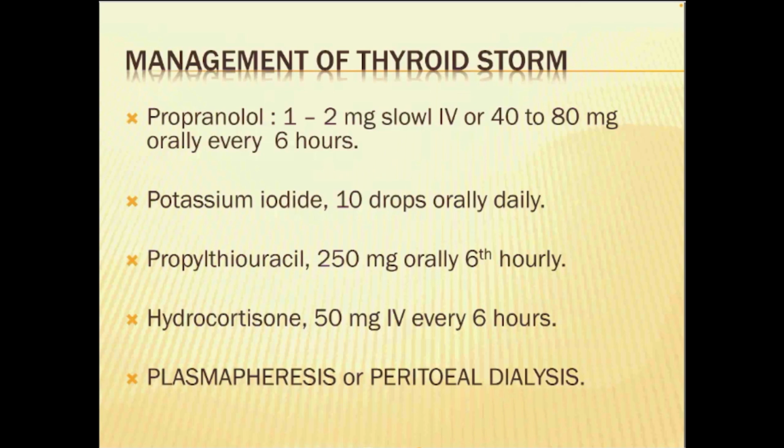And potassium iodide 10 drops orally daily with propylthiouracil at the dose of 250 milligram orally 6th hourly, and steroids like hydrocortisone 50 micrograms IV every 6th hourly. And also we should remove the T3 and T4 circulating in the blood by plasmapheresis or peritoneal dialysis.